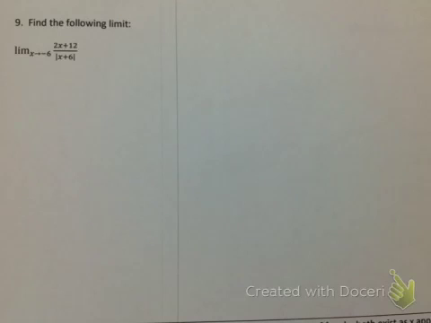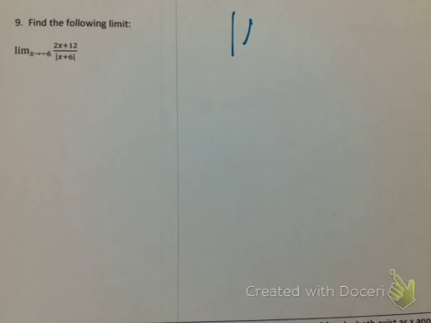We do a more complicated one that's not just the absolute value of x. Next one, the limit as x approaches negative 6 of that function. Sometimes it's easiest first to define the absolute value.